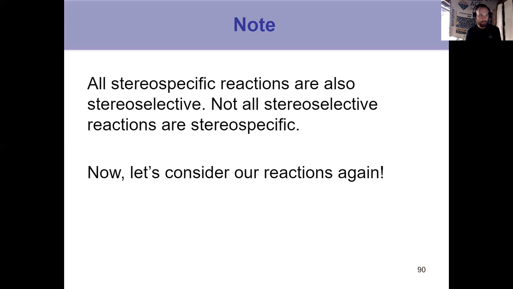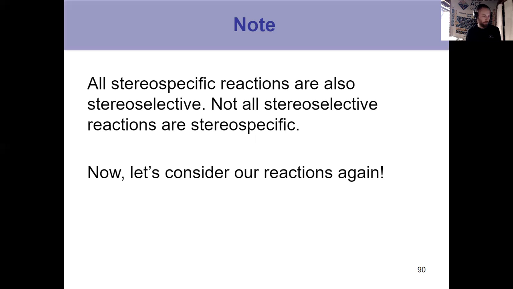But not everything that's stereoselective is necessarily stereospecific, because as we just saw with something that's stereoselective, one isomer could form two products. If it's stereospecific, it's 1 to 1. And I might not even have a reactant that's a stereoisomer to begin with, but then it preferentially forms one stereoisomer. That's something that would also be stereoselective, but not stereospecific.